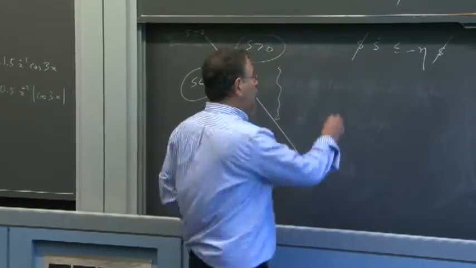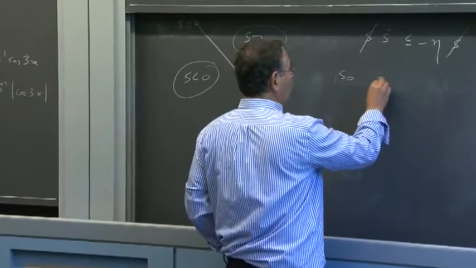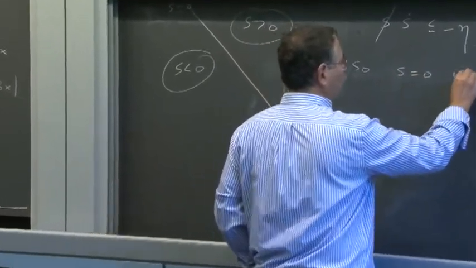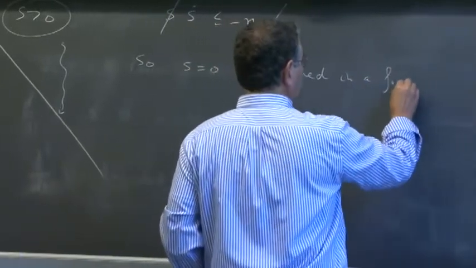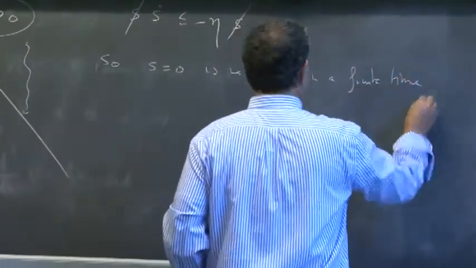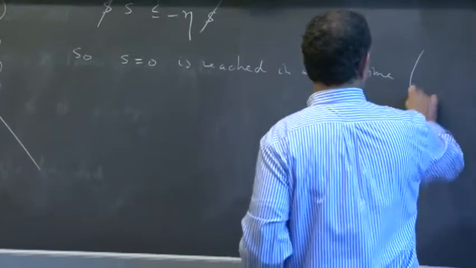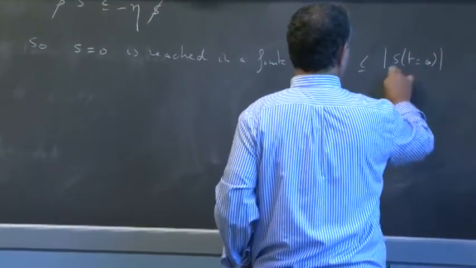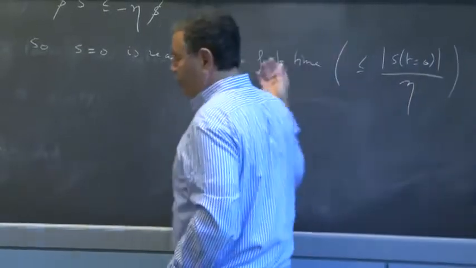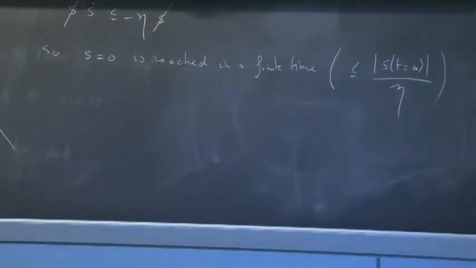So S equals 0 is reached in a finite time, which is inferior to the initial value of S divided by eta for S positive, and you can show it's the same for S negative.